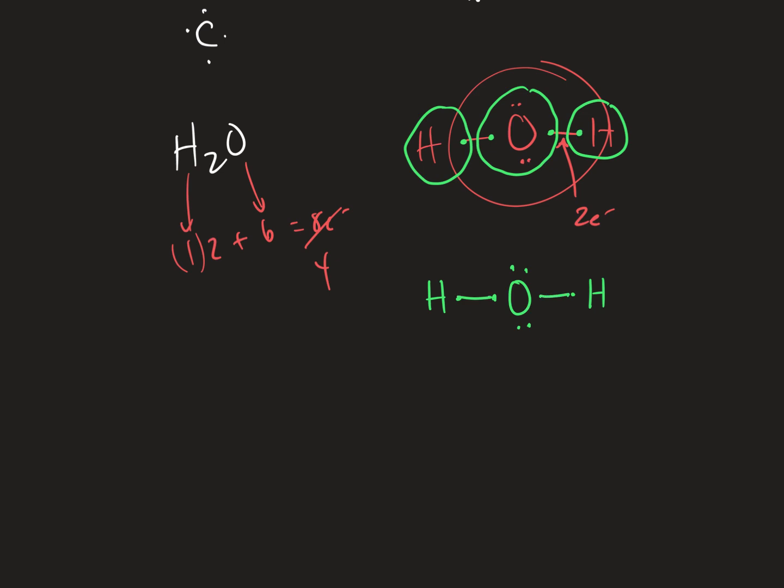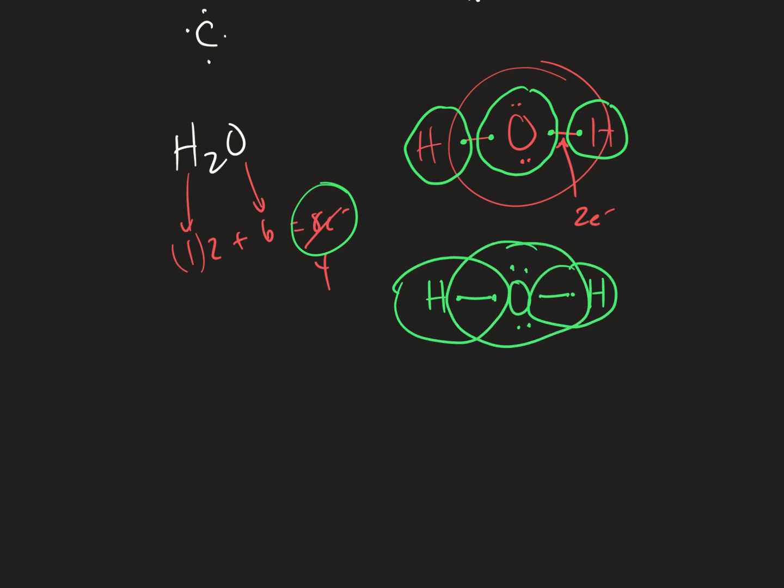You follow? So we have 6 for oxygen, 1 for each hydrogen. Altogether, it's 8 total. And now this oxygen has 8, and these hydrogens have 2. Does that help?